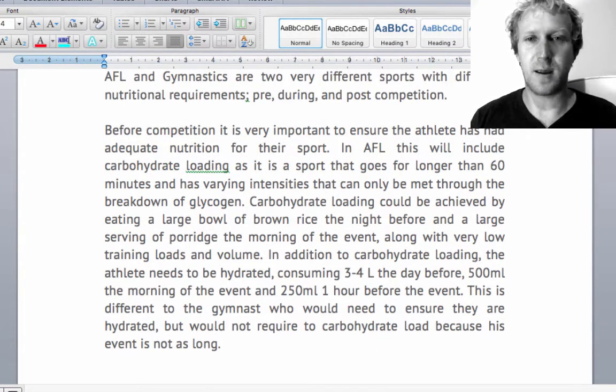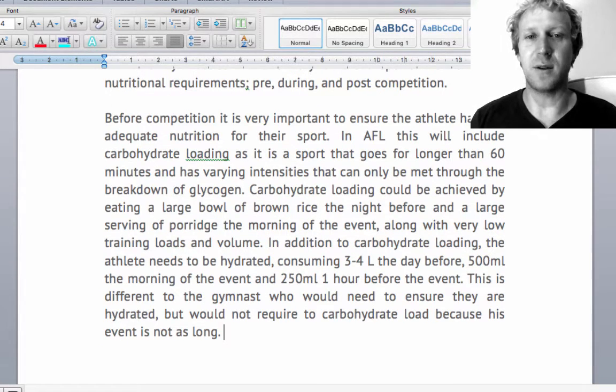At this point, I've got just one paragraph here. So we're looking at before competition, and I'm starting off with my AFL player. And now I talk here about the fact that the game goes for longer than 60 minutes, and therefore the AFL player would benefit from carbohydrate loading. Okay, and so I've just talked about what they might eat, giving specific examples here of brown rice or porridge.